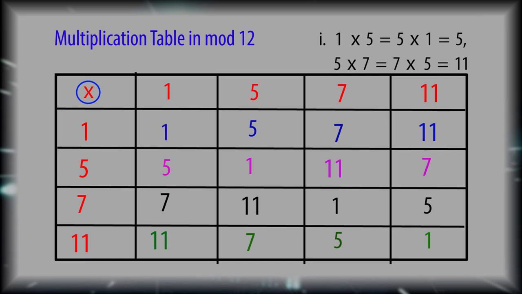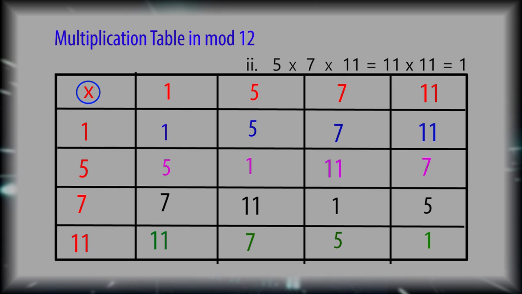If you take any other numbers, 11 times 7 gives you 5, and 7 times 11 gives you 5. And so we can safely conclude that multiplication on this set of numbers is commutative.